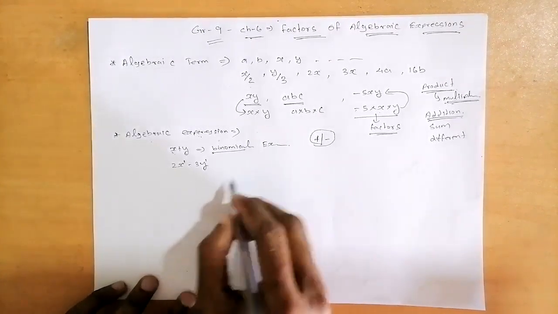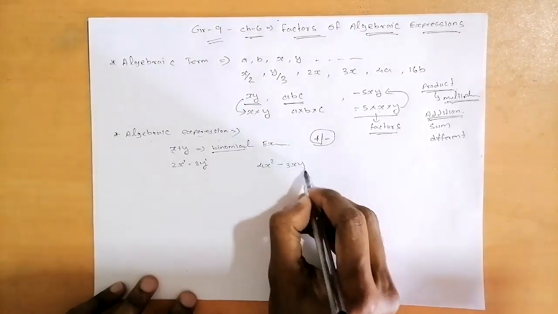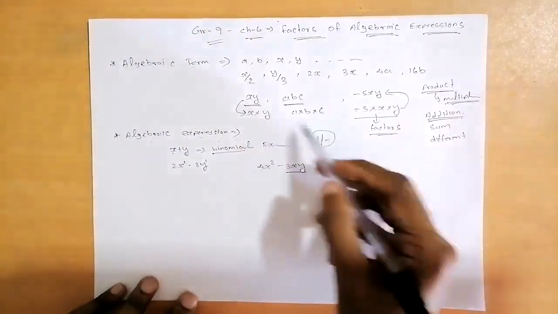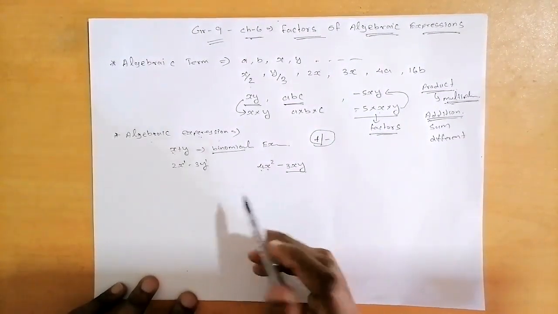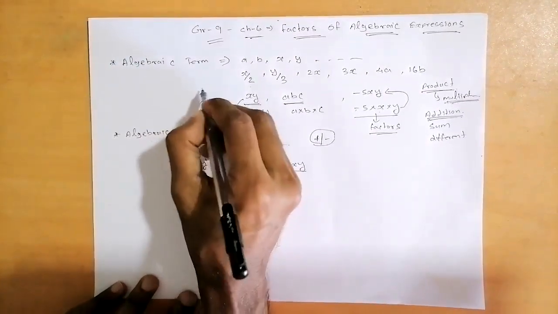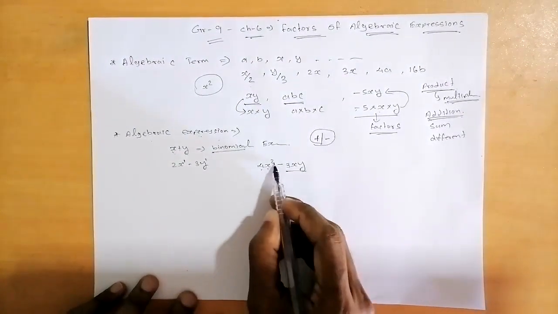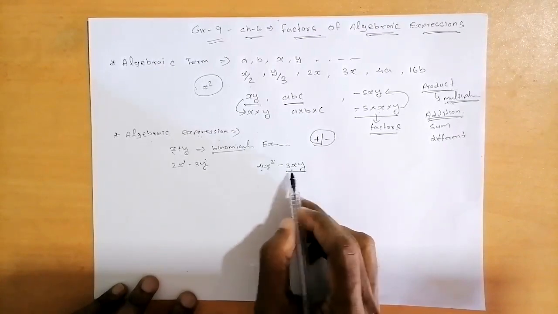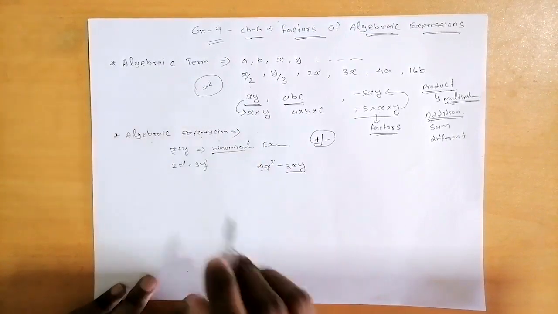So what about 4x squared minus 3xy? 3xy is familiar. What about 4x squared? It is also an algebraic term, with the power of 2. Two different types of algebraic terms with subtraction, so we call it an algebraic expression.